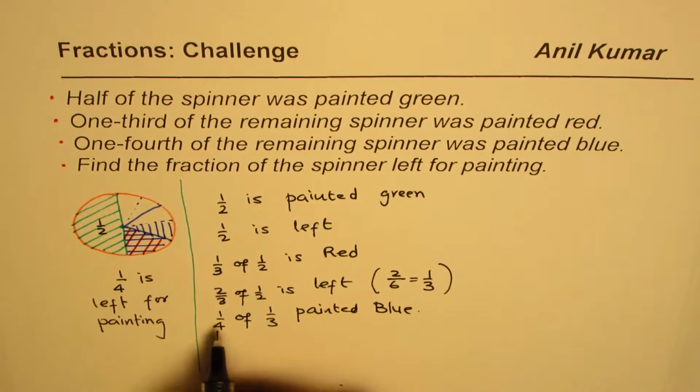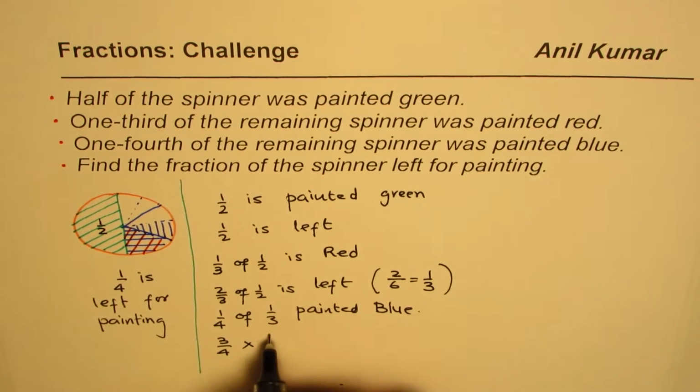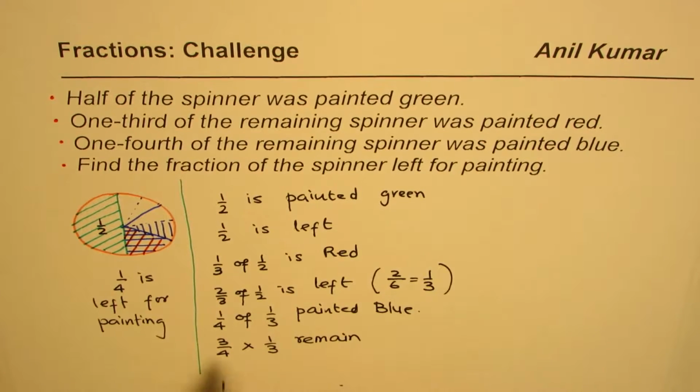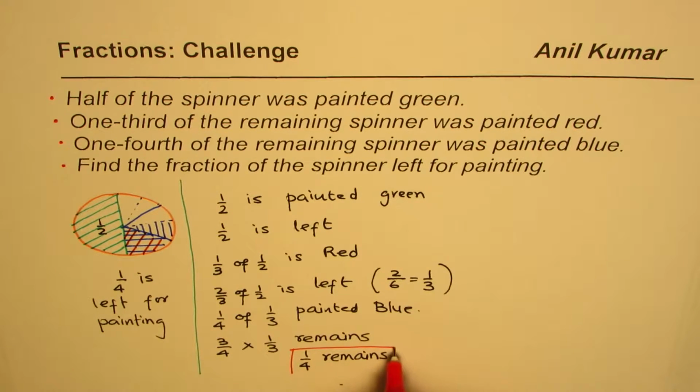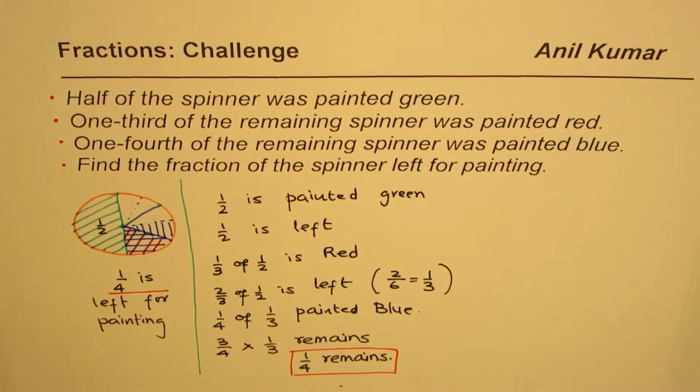So what remains is 3/4. So 3/4 times 1/3 remains. So what is 3/4 times 1/3? It is equal to 1/4 remains. Do you understand? So that is how we can get our solution as 1/4. Correct? So we get the same answer.